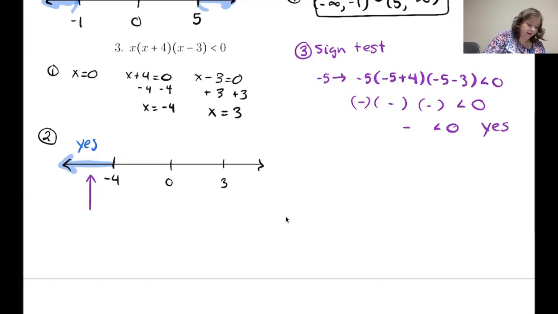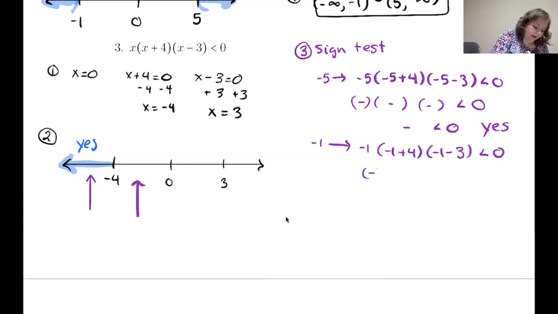So next we'll plug in something from this second interval. So something between -4 and 0. I'll pick -1. And so we'll plug it in and get -1 plus 4, -1 minus 3 is less than 0. So we have a negative. -1 plus 4 is positive. -1 minus 3 is negative.